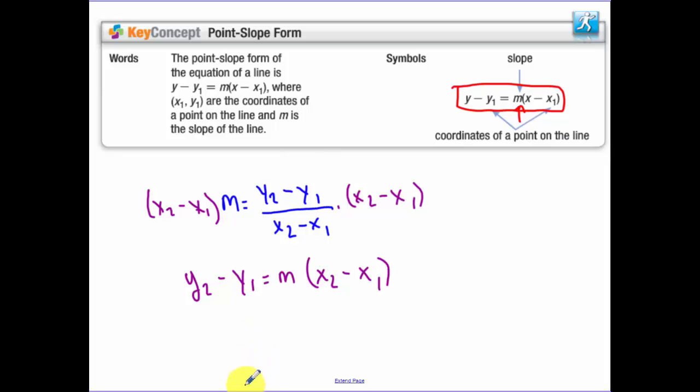Now, for the equation of our line, we just talk about basic x and y values, so I can take away that 2. So now, this is our equation of our line in point slope form, and that's where we got it from.